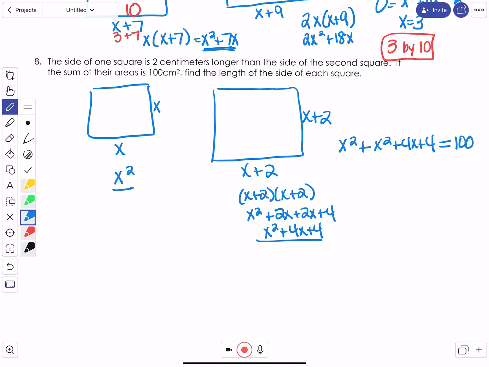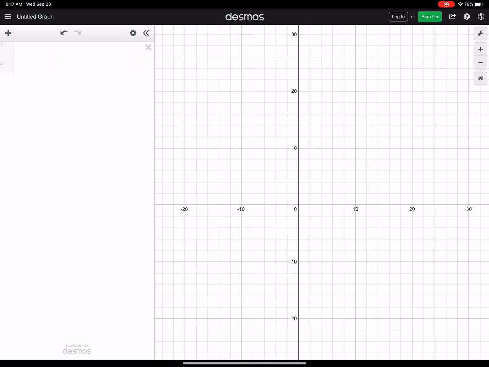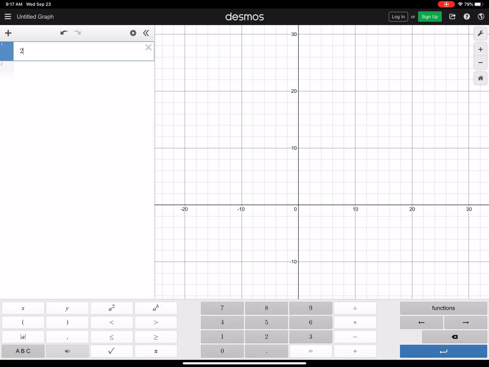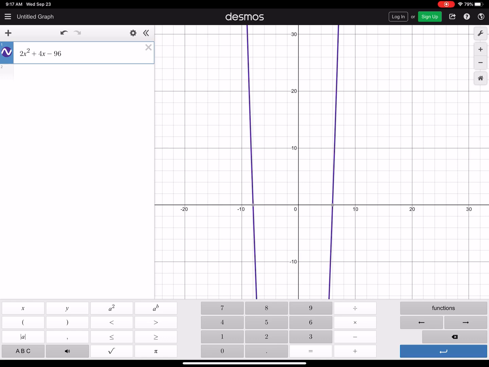Okay, so if I combine like terms, I'll get 2x squared plus 4x. I'm going to subtract 100 to get everything on one side, which is going to give me negative 96. And then that equals 0. So this is what I'm going to type into Desmos. So I've got 2x squared plus 4x minus 96. So we're not using the negative side.